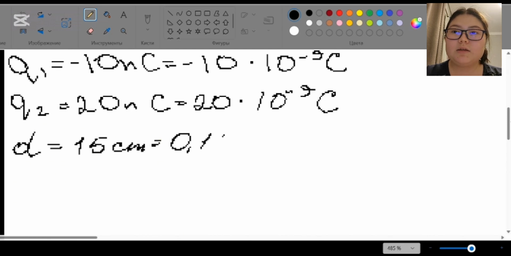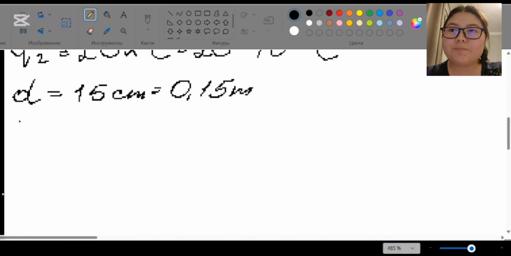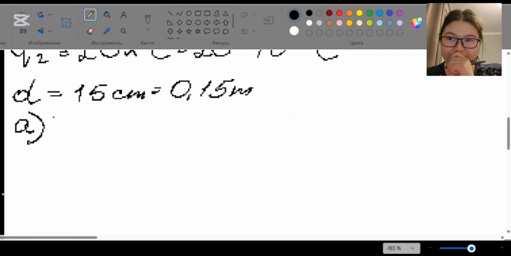Okay, so in scenario A, we have to find the electric potential where the electric field is 0.